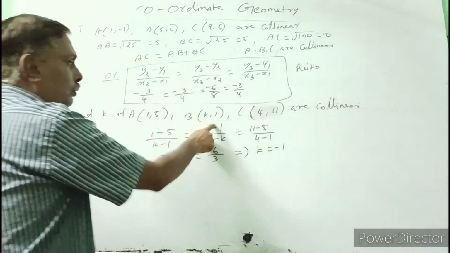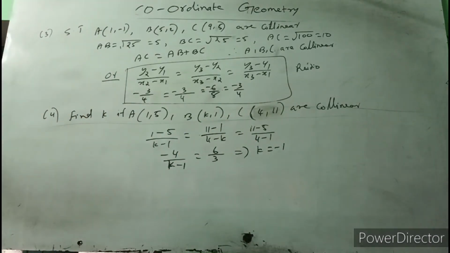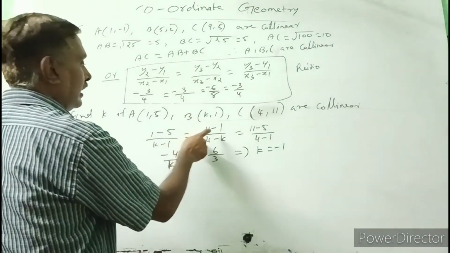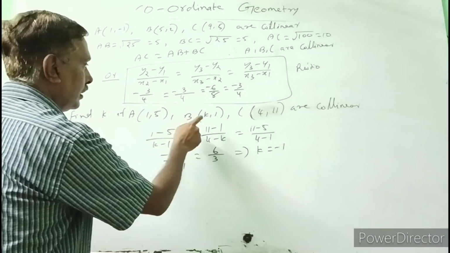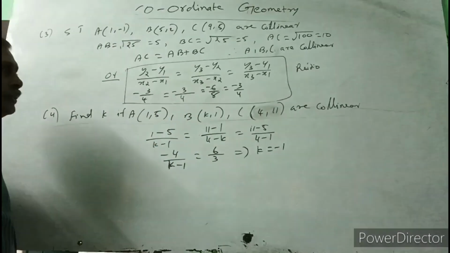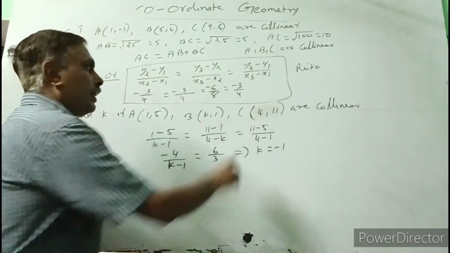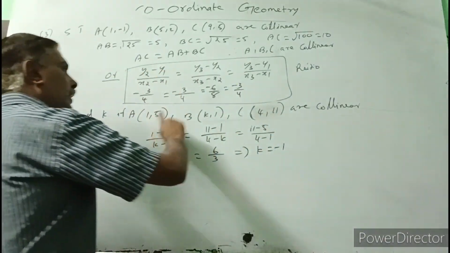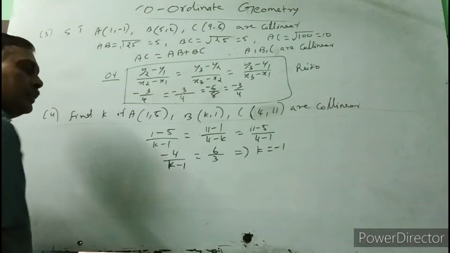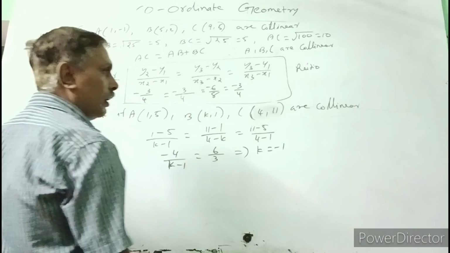But if questions come like: points are collinear, then find the value of a particular number, this ratio will help you a lot. We will see (1 minus 5) upon (k minus 1) will be equal to (11 minus 1) upon (4 minus k), which will also equal (11 minus 5) upon (4 minus 1). If we simplify, these three are equal.